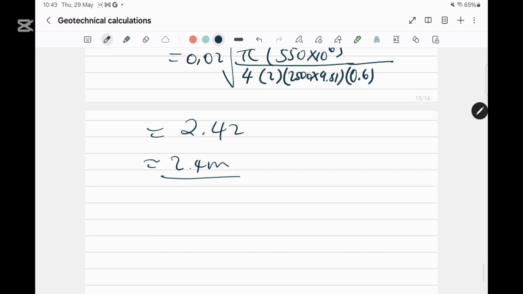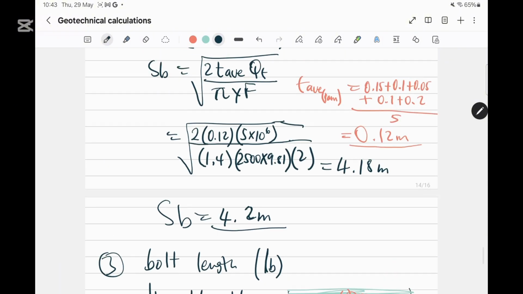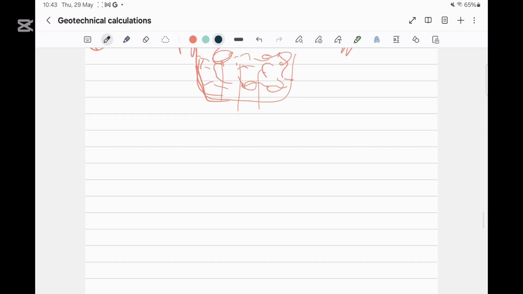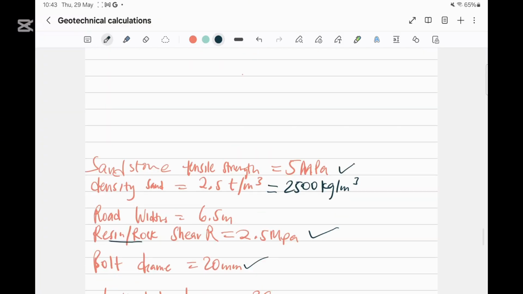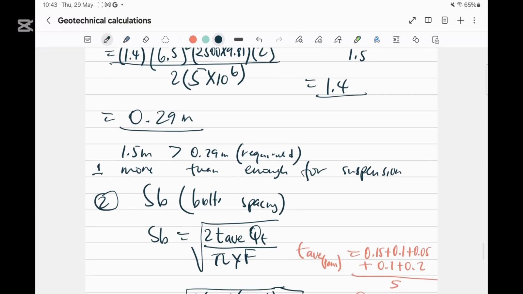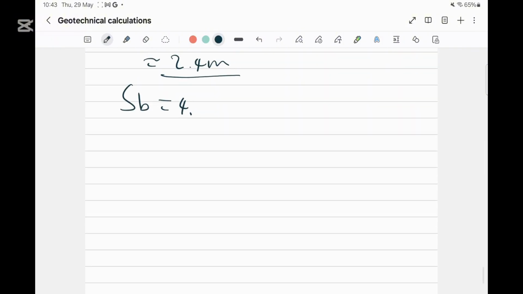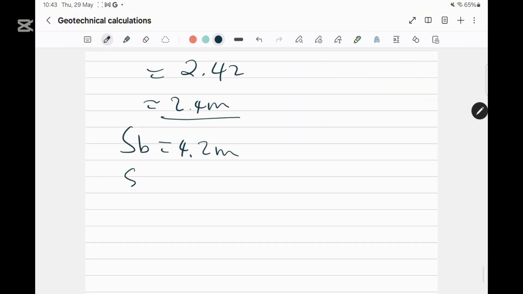If you check here, remember our SB was 4 point something. How much did we get for SB? We got 4.2. So SB was 4.2 meters, but our SF is giving us 2.4.